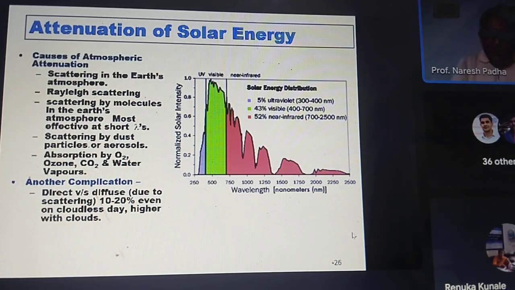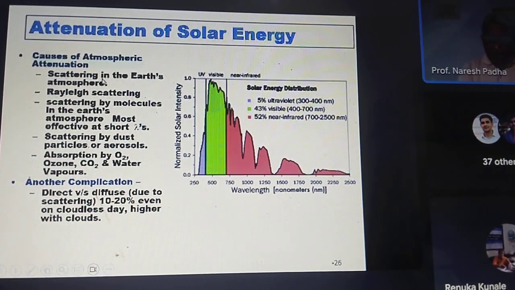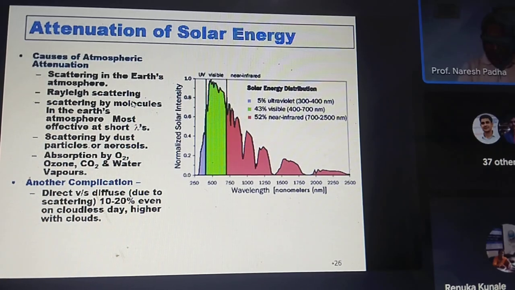Now, what are the various challenges of solar energy? There is atmospheric attenuation seen in solar energy. It means scattering is seen in the Earth's atmosphere. Rayleigh scattering is also there, a different type of scattering.